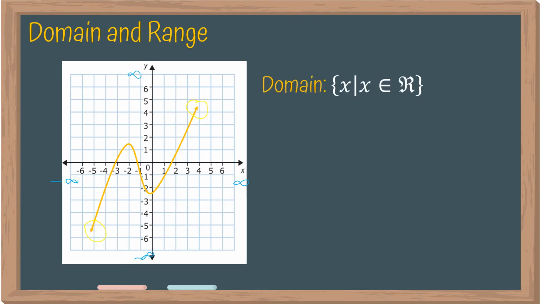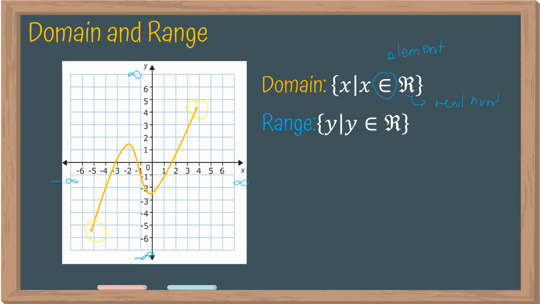we can say that both our domain and range are the set of real numbers, or we can write it this way. This symbol here is read as element, and the symbol here represents the real numbers.